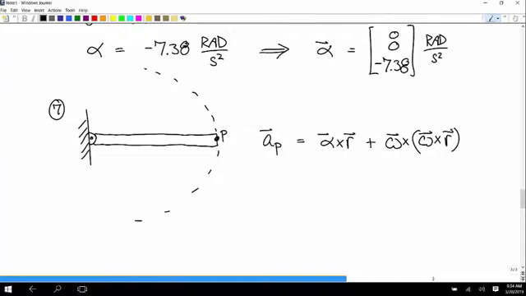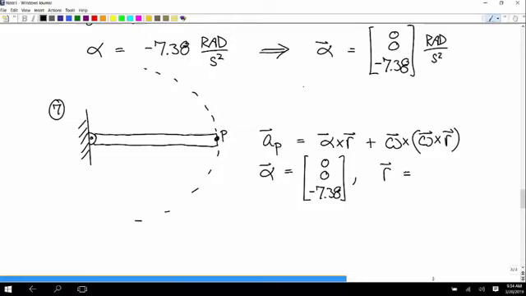And now we're just filling in those values. Alpha is what we went through all of Newton's laws to calculate. That's 0, 0, negative 7.38. R is the vector from the center of the circular motion to the point we care about.